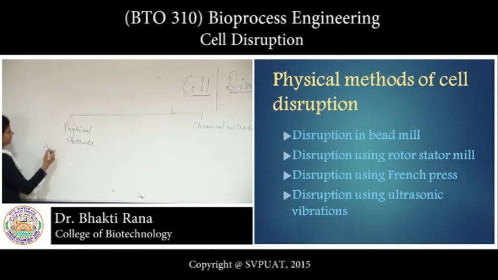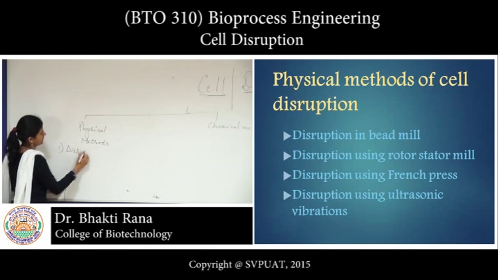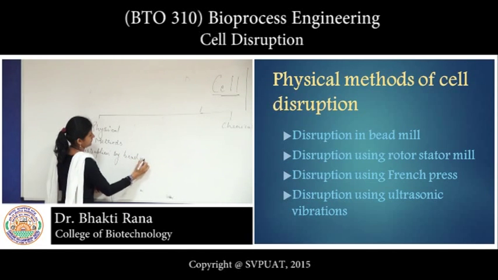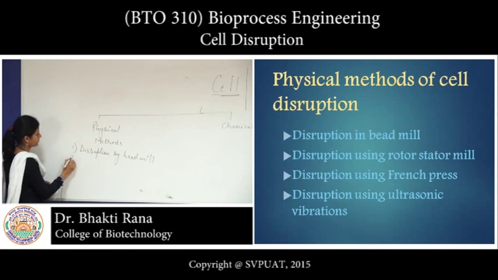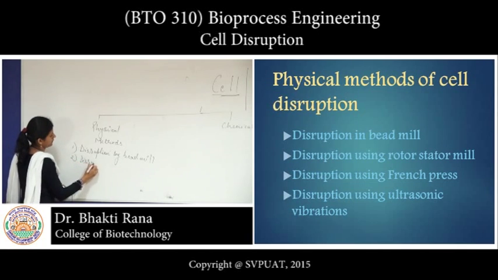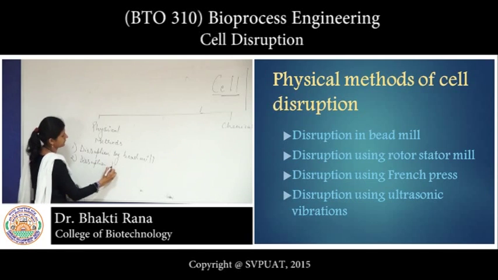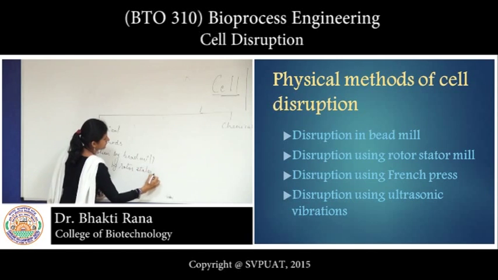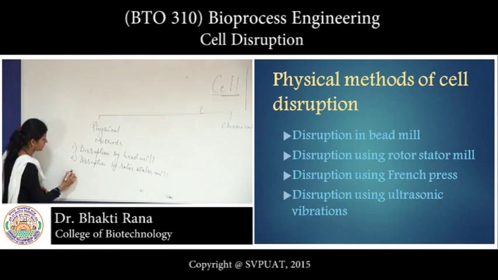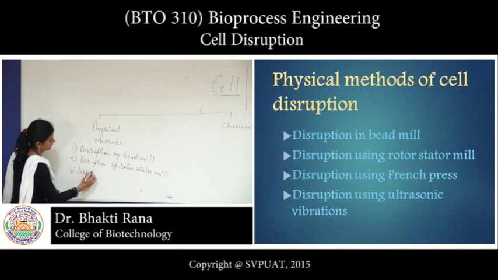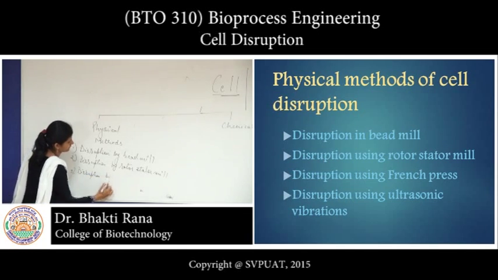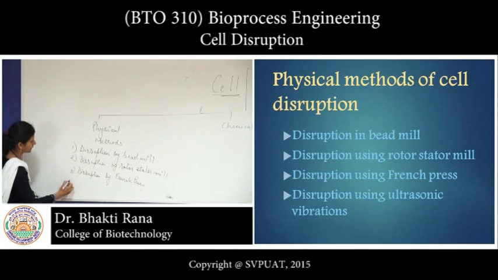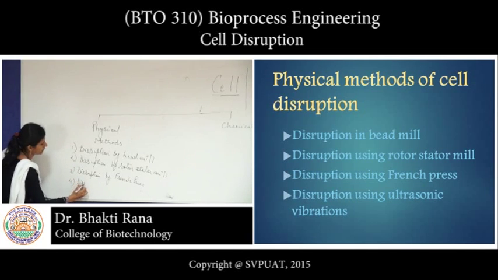In physical methods, you have disruption by bead mill, then second you have disruption by rotor stator shaker, third you have disruption by French press, and last physical method, that is disruption by ultrasonic vibrations.